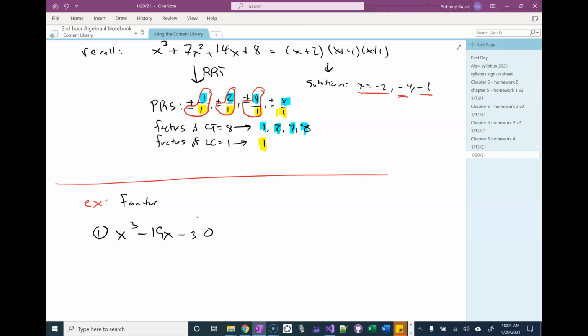It's always worth taking a quick look to see if maybe I can knock this out using the factoring tree, which might be easier, but we can't. So using the fundamental theorem of algebra, I know this would have 3 solutions, because the degree of this polynomial is 3. Everybody okay with that?